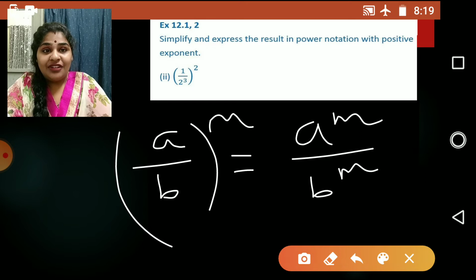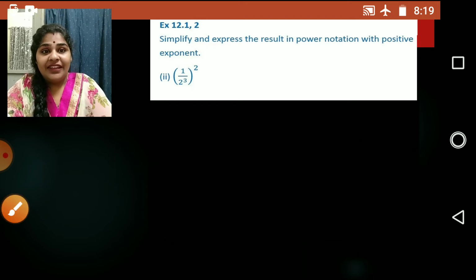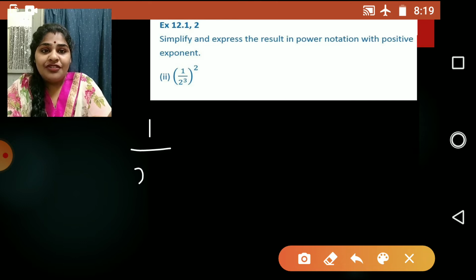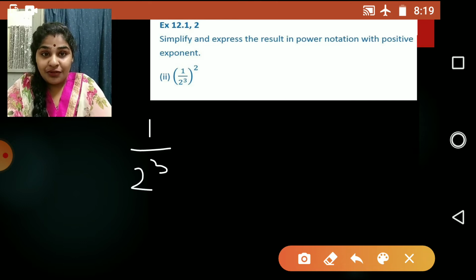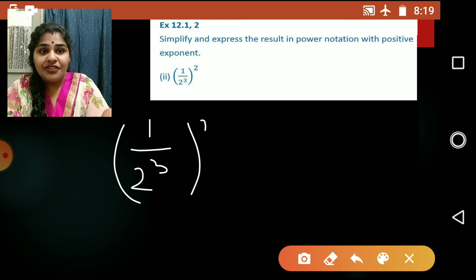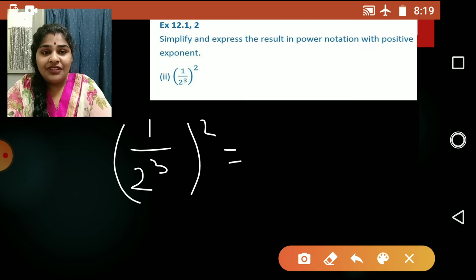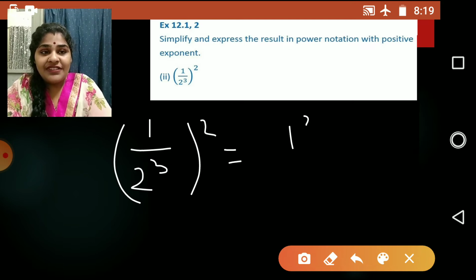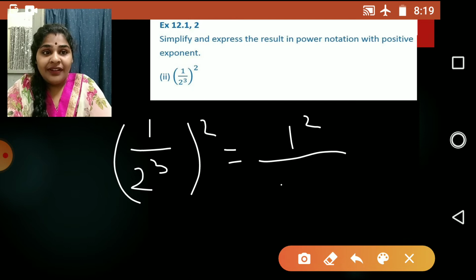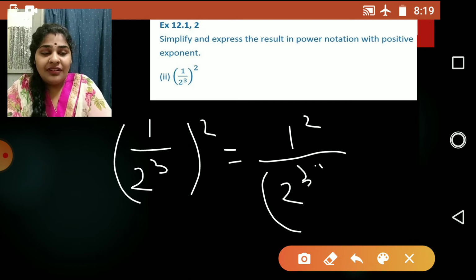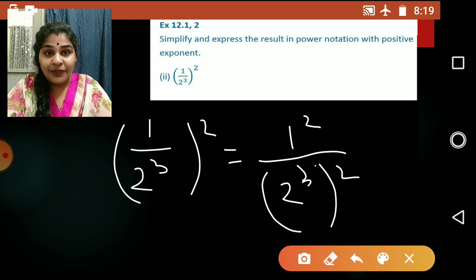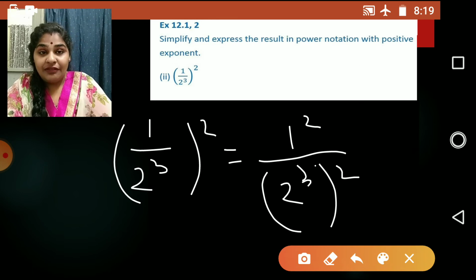So for the given thing I will write 1 upon 2 cube whole to the power 2 is equal to 1 square upon, the denominator as it is, 2 cube whole raised to 2, right? So we have used a law.